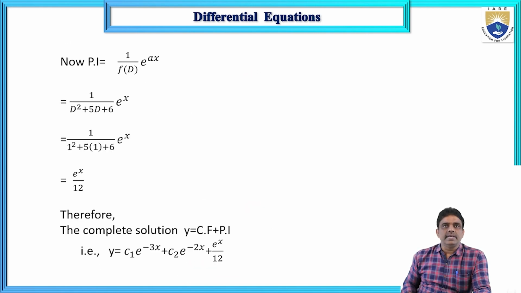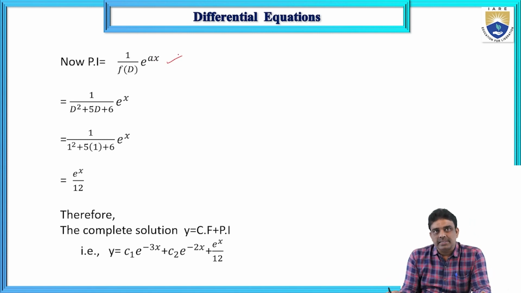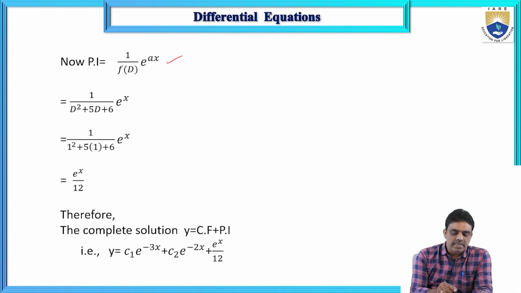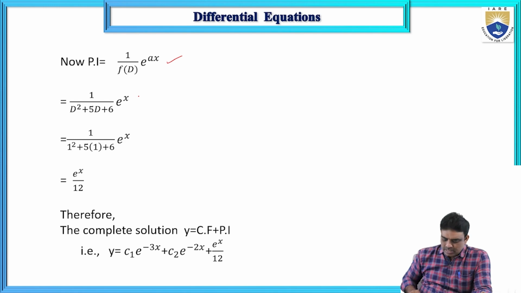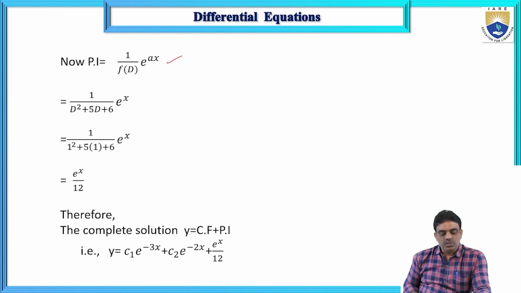So the particular integral is yp equal to 1 by f of D of e power x. Here f of D is D square plus 5D plus 6, and the right side function is clearly e power x.